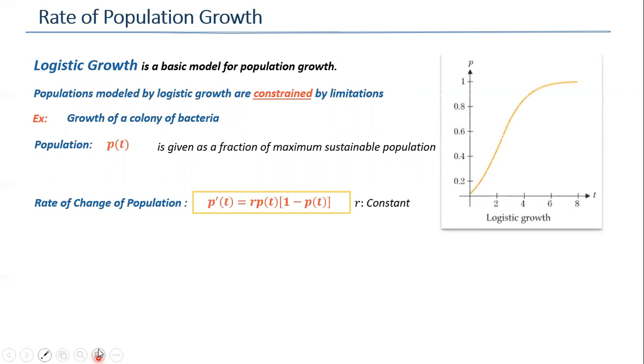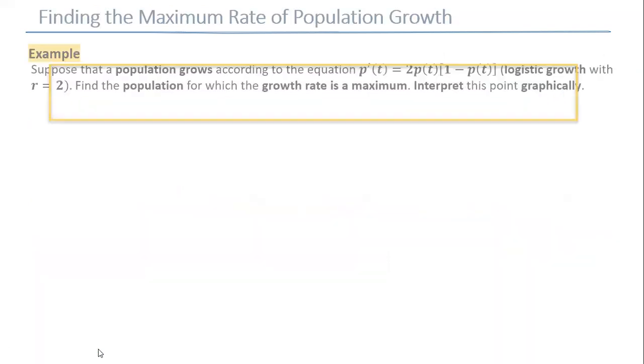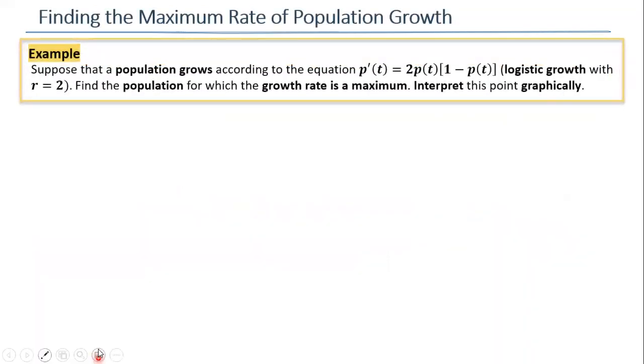R is a constant. Okay. So like this graph, the rate of change of population is proportional to the existing population P of T. P of T is the existing population, and the difference between the maximum population and the existing population is 1 minus P of T. This is a part of the formula.